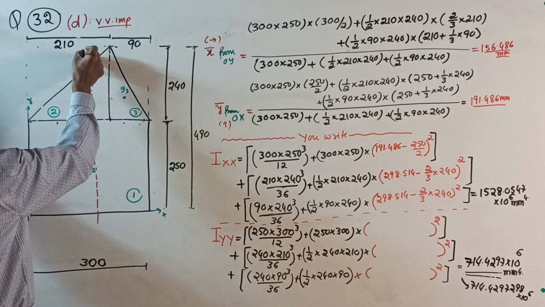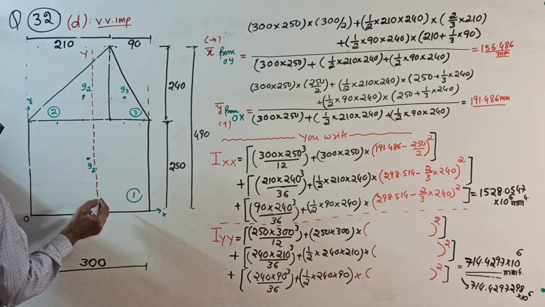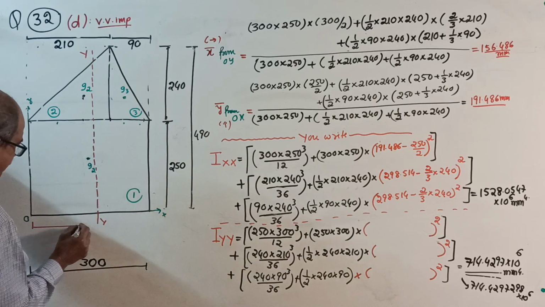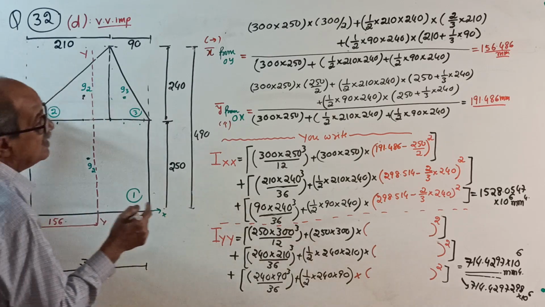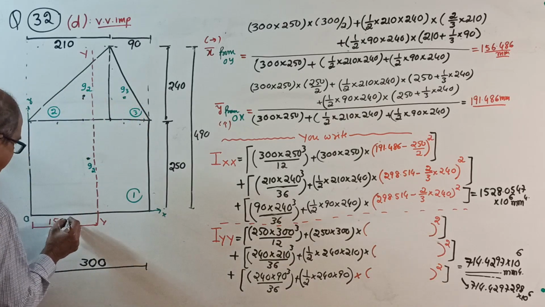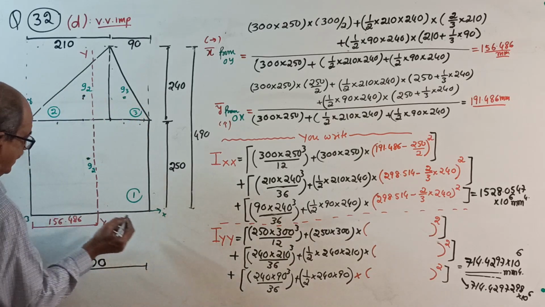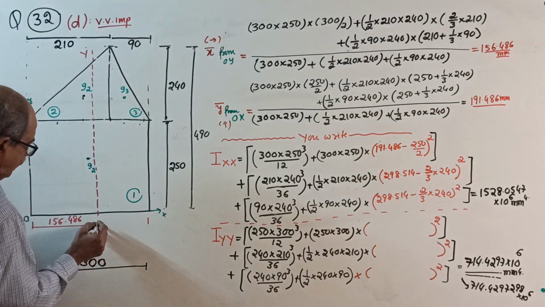Okay, reasonably I made YY. Distance from here is 156.486. Then from that side calculate YY.